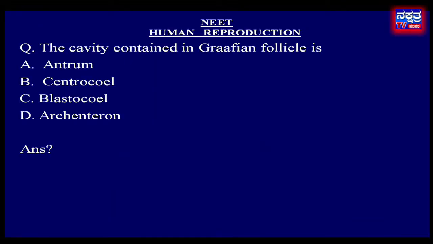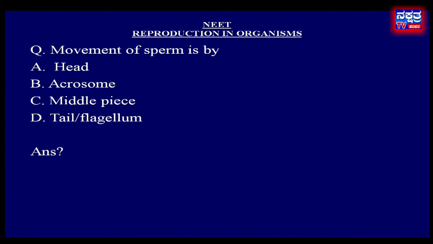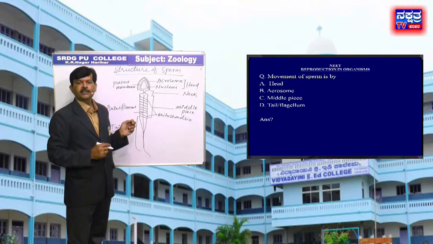Move to next question. Movement of sperm is by option A, head, B, acrosome, C, middle piece, D, tail or flagellum. Watch on board. The sperm is the male reproductive gamete.